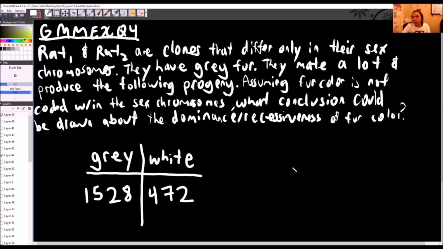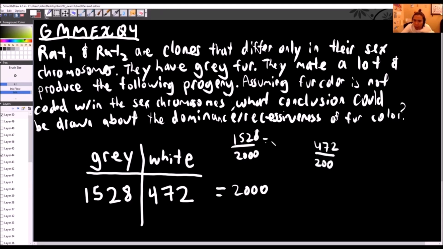When you're given a problem like this and you're given all their progeny, you want to find out the ratio. So there are 1528 plus 472, that is 2,000. So 1528 divided by 2,000, and then 472 divided by 2,000. You could probably estimate that that's about 3/4, and the other one's about 1/4.